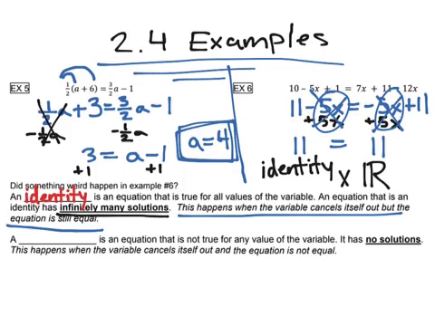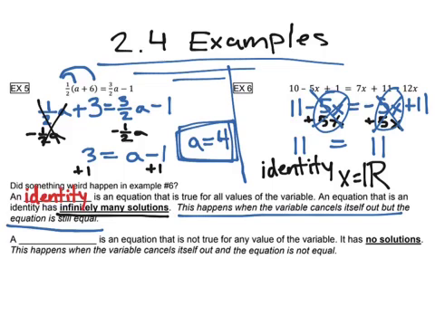So you could say x equals all real numbers, because we could put any number in for x and we would still get 11 equals 11. Or we would still get a number equals that same number. So no matter what you put in for x, that's going to be true.